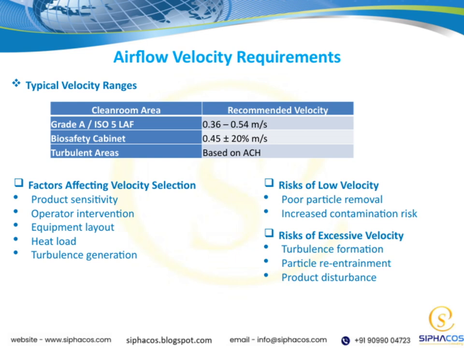Too high, and we face turbulence, particle reentrainment, and disturbance to the product itself. Typical velocity ranges vary. For example, Grade A cleanrooms usually run between 0.36 and 0.54 meters per second, while biosafety cabinets hover around 0.45 meters per second, plus or minus 20%.